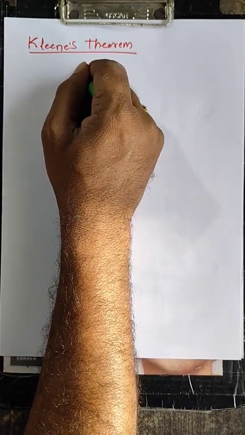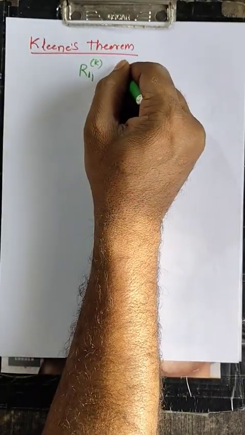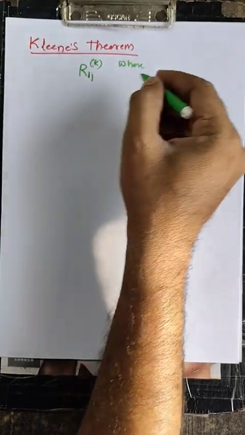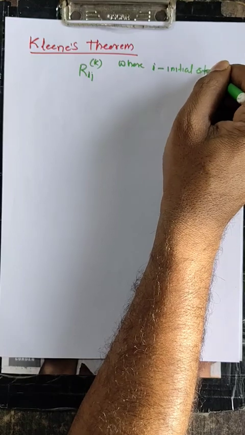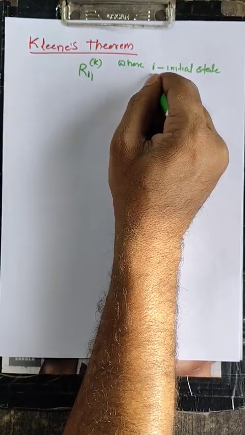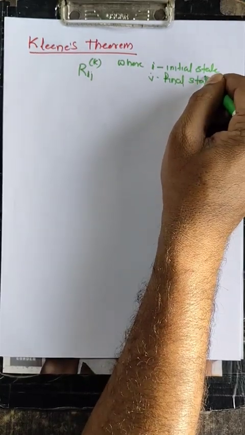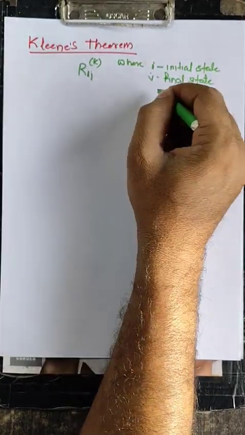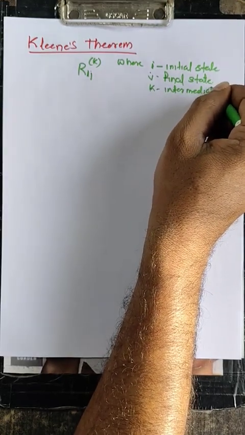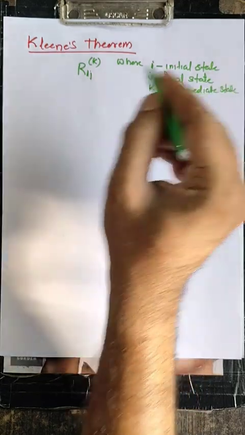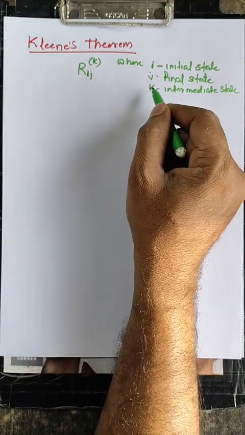That is R_ij^k, where i is the initial state of the finite automata, j is the final state, and k is the intermediate state. Maybe the finite automata has intermediate states or none.